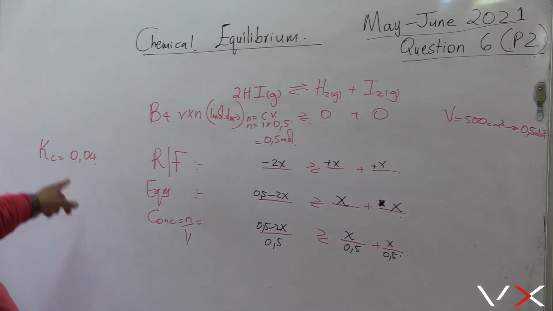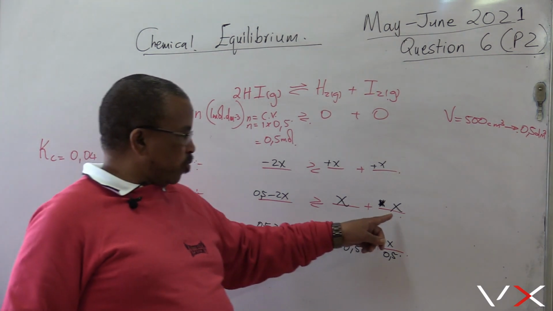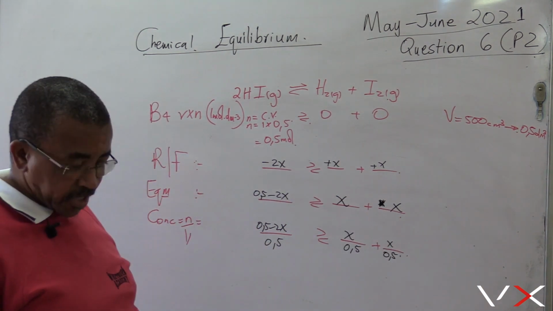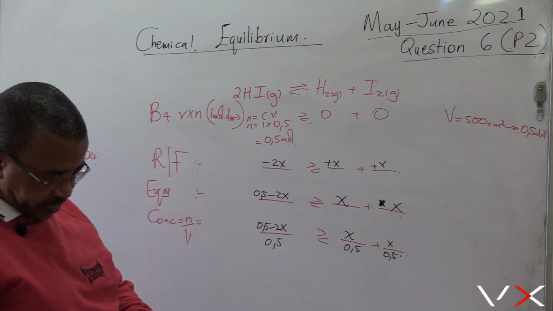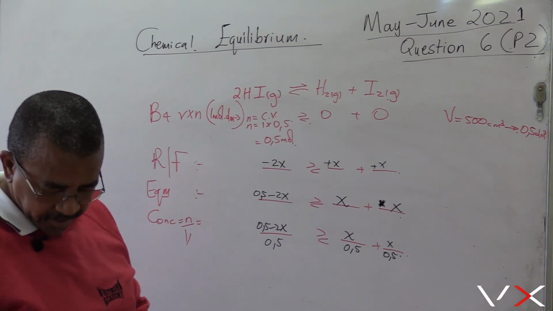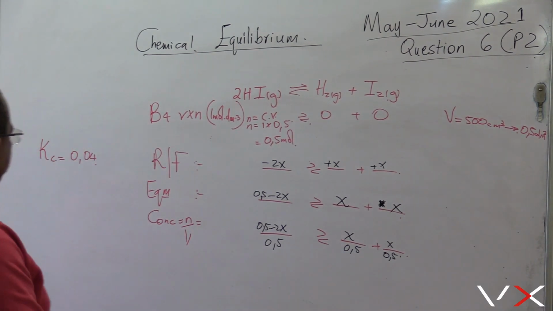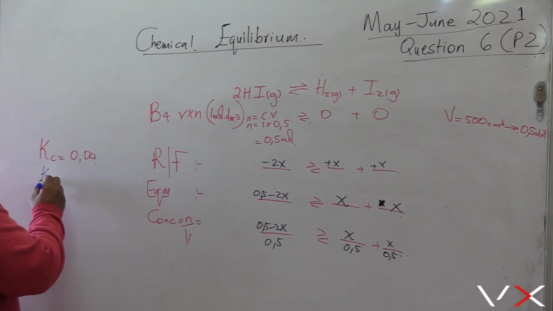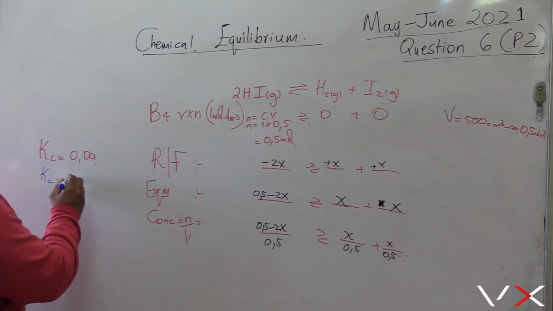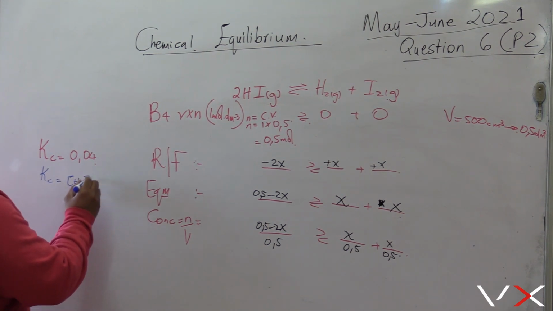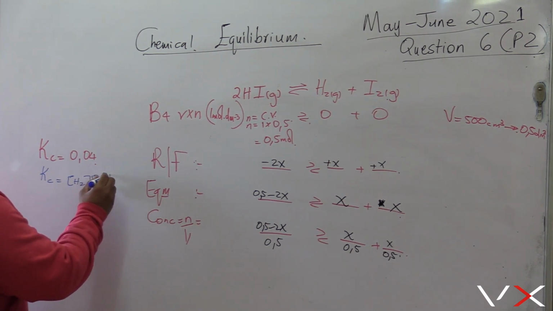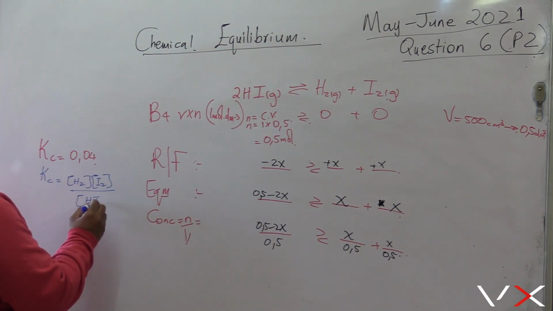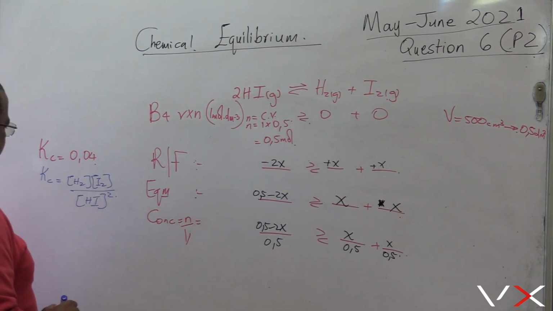Then we solve for x, and once we have found x we substitute back. Solve for x. Kc is the concentration of H2 times the concentration of I2 over the concentration of HI squared.